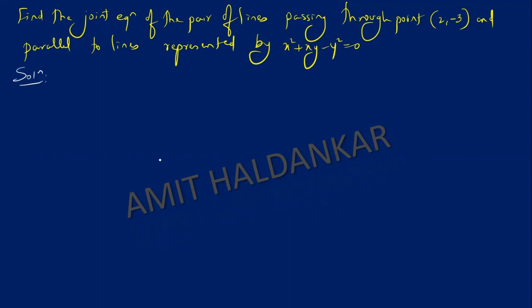So what we do is write the separate equations in slope point form, that is y minus y1 is equal to m into x minus x1. Let's say for the first line, y plus 3 is equal to m1 into x minus 2.